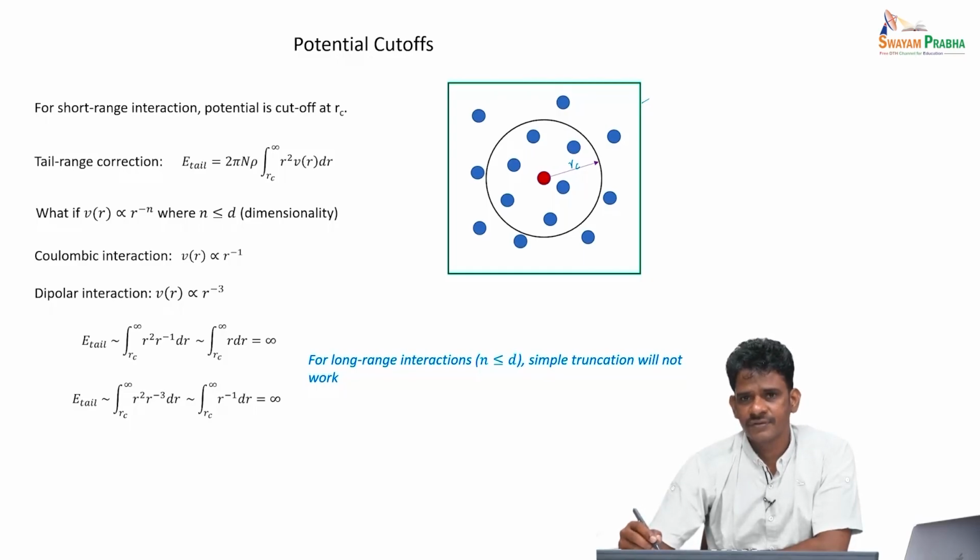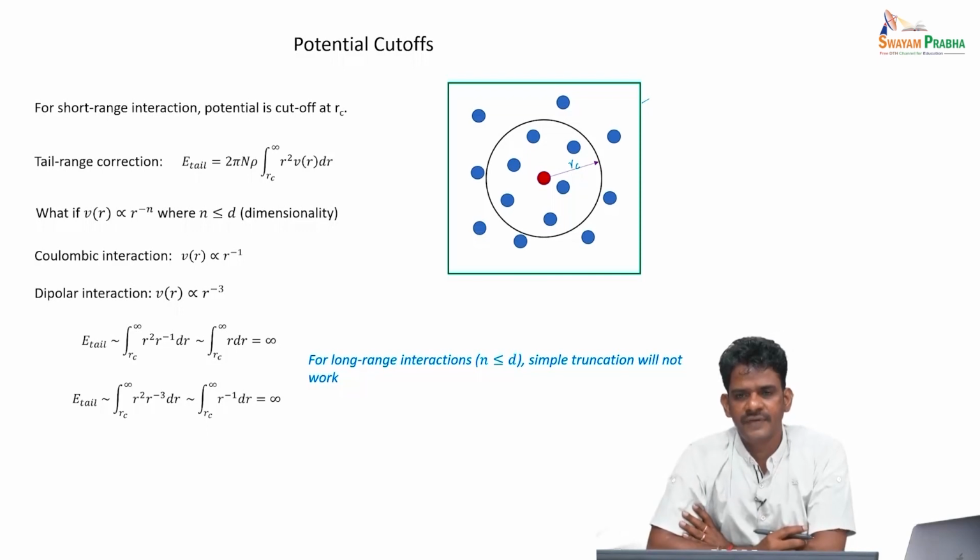All the neighbors falling outside this circle are not included. This is a very simple way of implementing the most important energy or force contribution in MD simulations, but this operation itself will cost you n square computation.